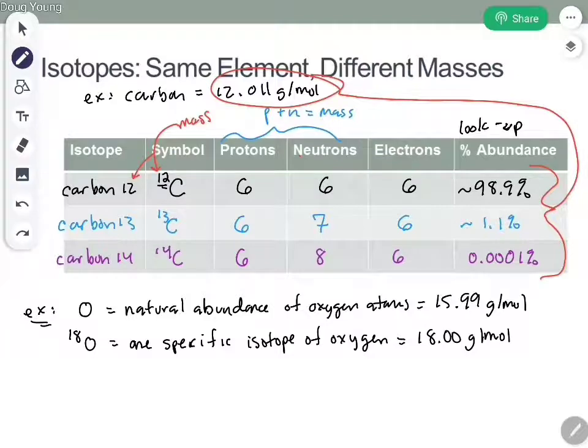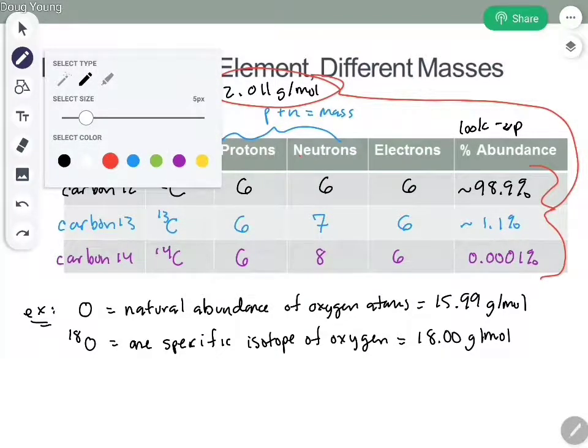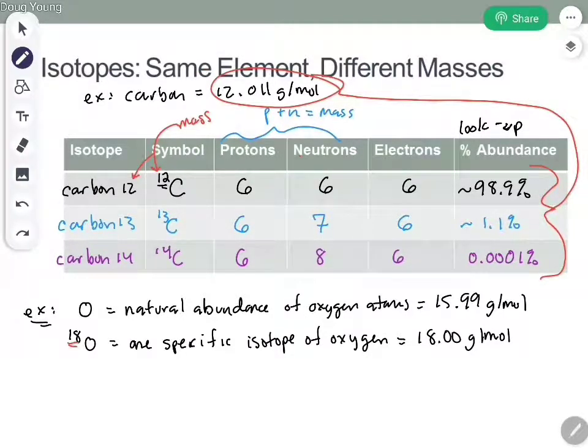So if you see this number, like I wrote up there, if you see a superscript in front of an atomic symbol, that is the mass that you're talking about. The only thing that changes here is the number of neutrons. So if you see a superscript, they're talking about a specific isotope, and what you're changing here is the number of neutrons.